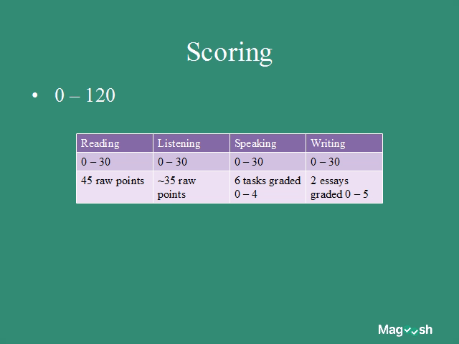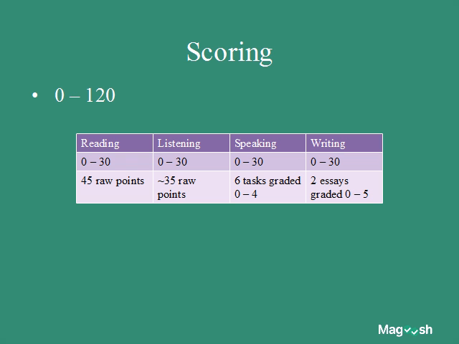Now, that does not reflect perfectly how many right or wrong answers you have. It doesn't mean you got 29 right answers, so you got a score of 29. The raw score is a little bit different. It comes before they scale the score to the 0 to 30 scale. The change from raw score to scaled score is very complicated, and it varies from test to test.